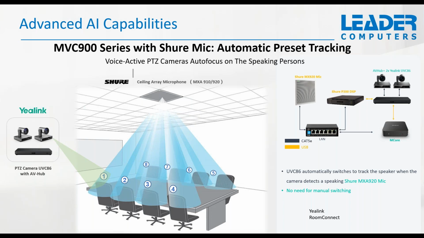So we can have up to, in this example, 8 different seats, 8 mics built in, and presets can be pre-configured on your cameras so that when a mic on the Shure mic picks up a particular speaker from a configured mic, it will tell the camera to use a particular preset. So that is all available now, thanks to Shure and Yealink.